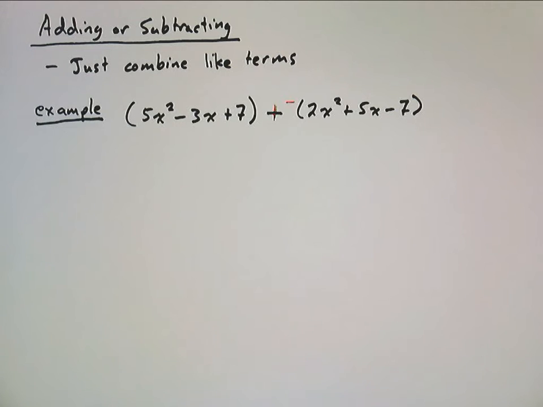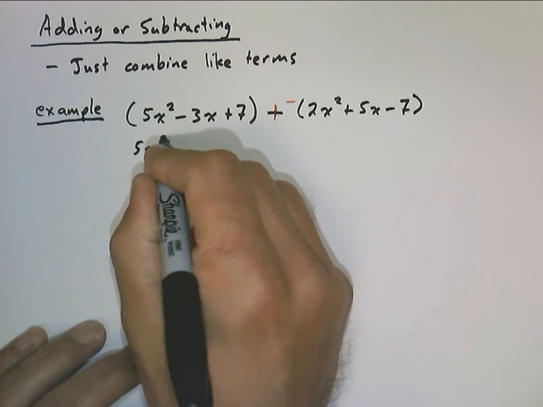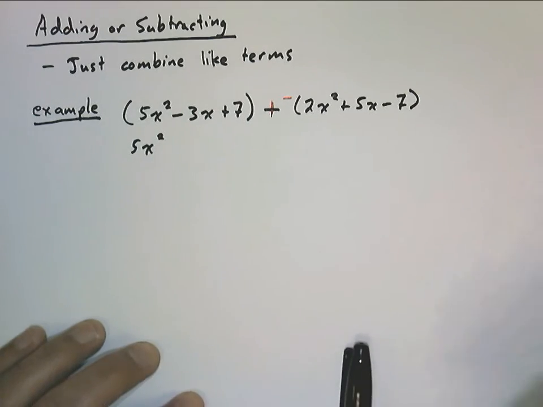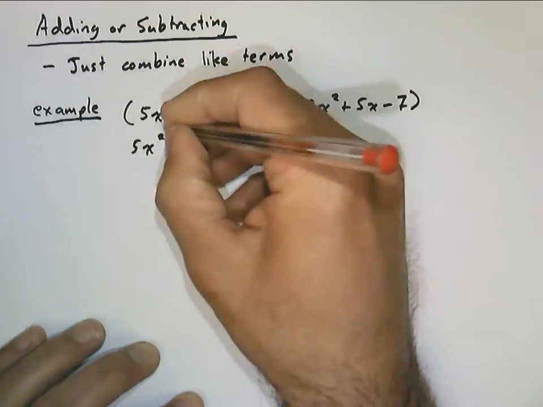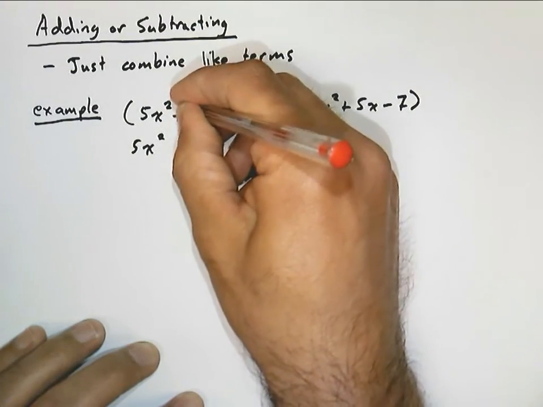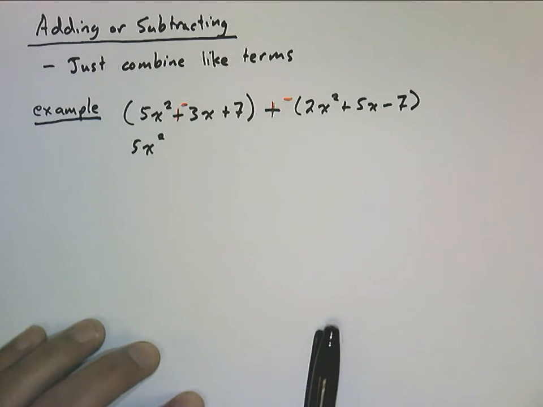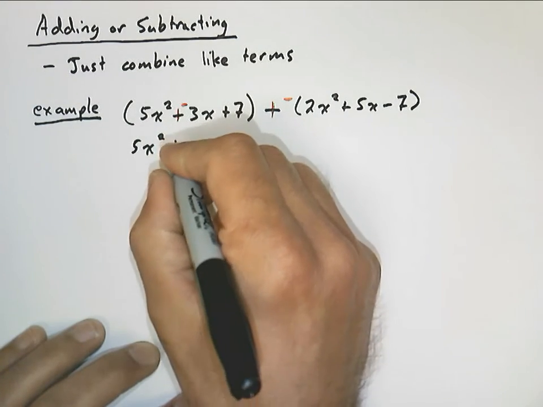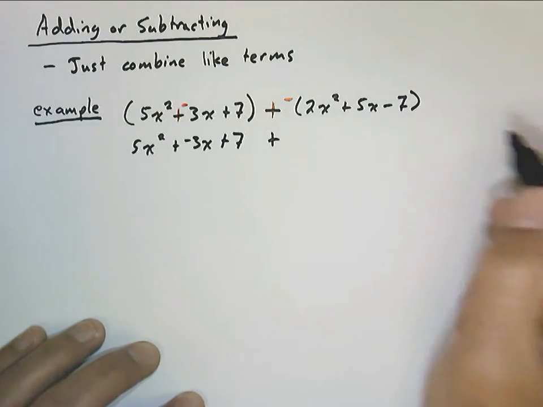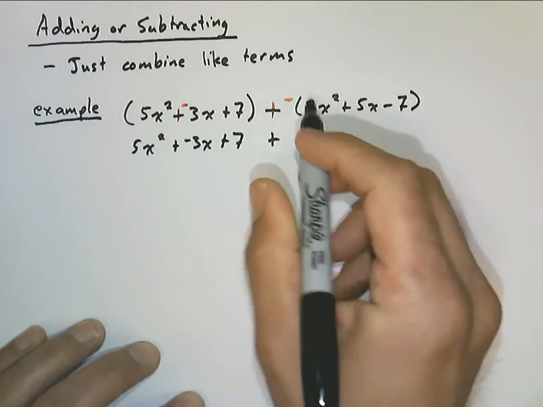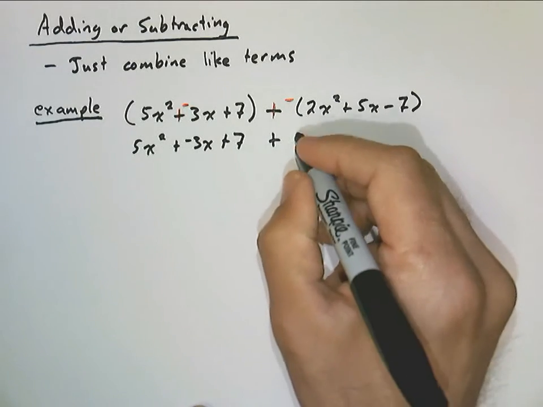So this thing is actually going to be 5x squared. I don't like negative signs because they're easy to lose. We'll call this just a plus negative 3x. Make sure we can actually see that in there. 5x squared plus negative 3x plus 7 plus, we're distributing this in, and now everything's going to be, we don't have to worry about the subtraction, so we can drop the parentheses.